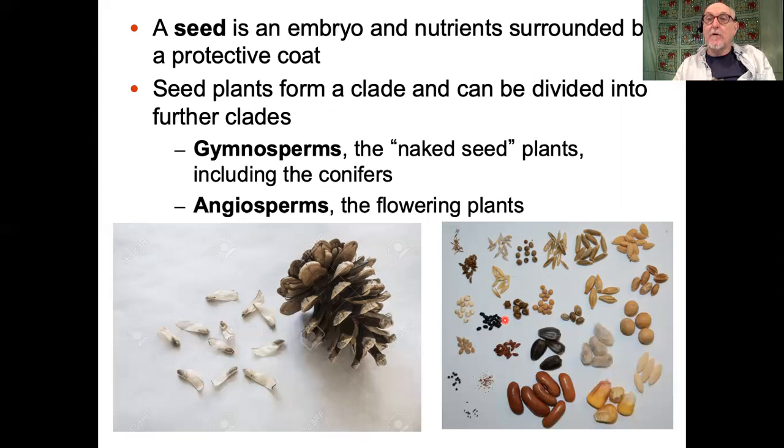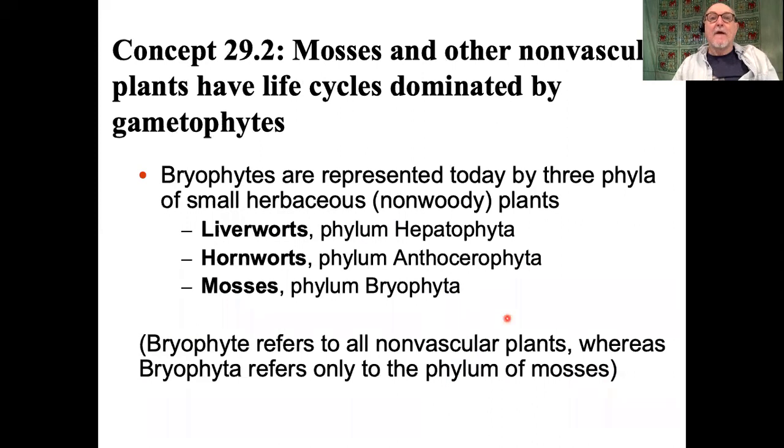There's one group, though, that we will talk about, in which the ancestor of the seed plants may have lain. Okay, so let's talk about the bryophytes first of all, the mosses and other non-vascular plants.